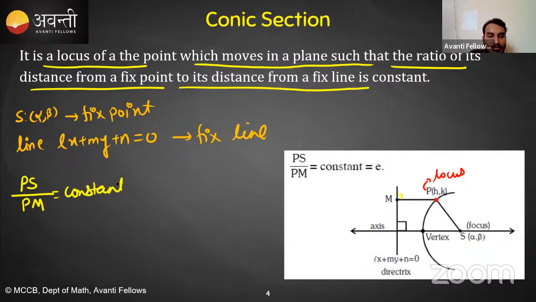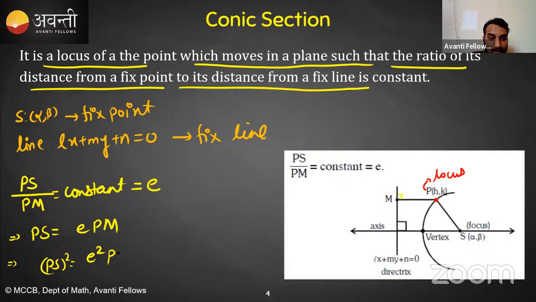Let's call this constant E. So PS is nothing but E times PM. Then PS square is E square PM square.